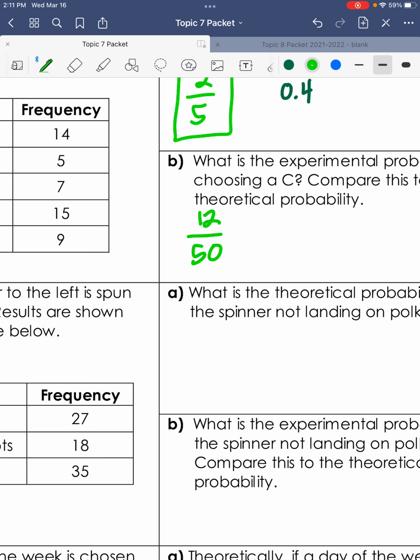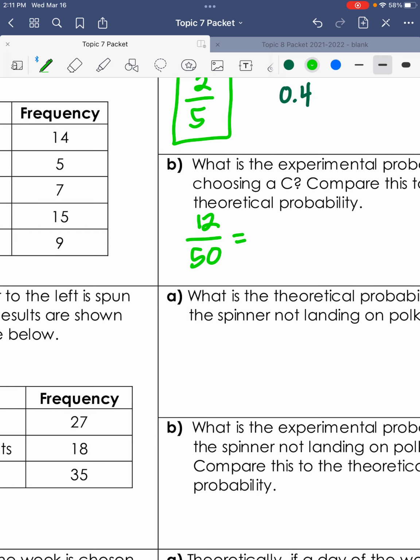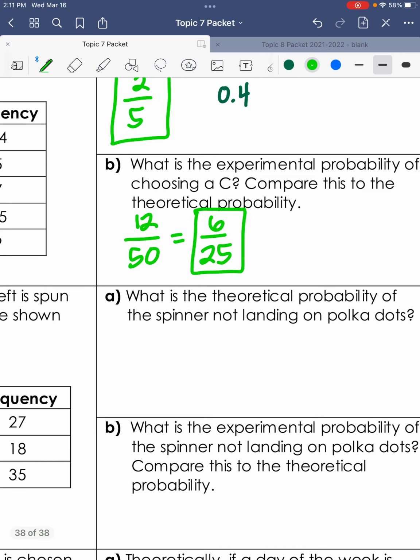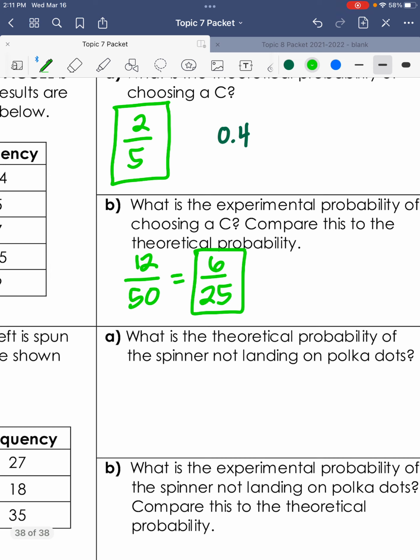So 12 divided by 50, I can reduce that. 2 goes into 12 6 times, and 2 goes into 50 25 times. So 6 over 25. I can't reduce that any further, but I can convert that to a decimal so I can compare. So 6 divided by 25 is 0.24.